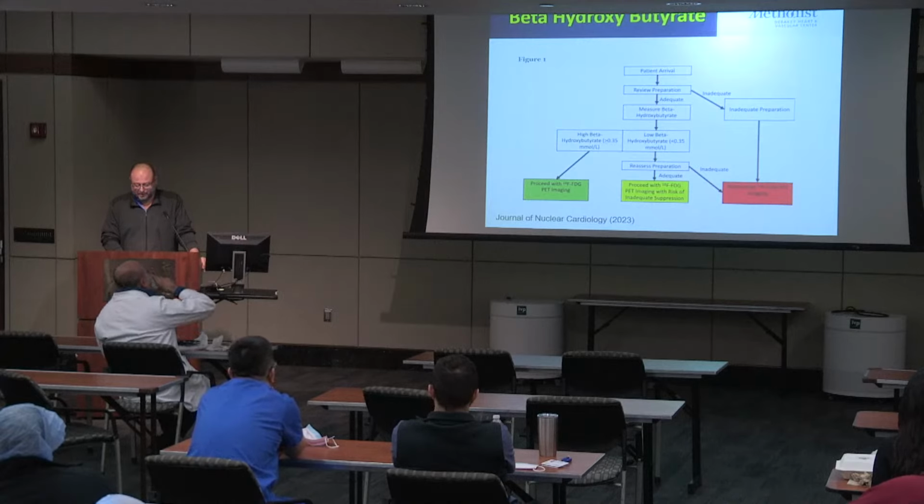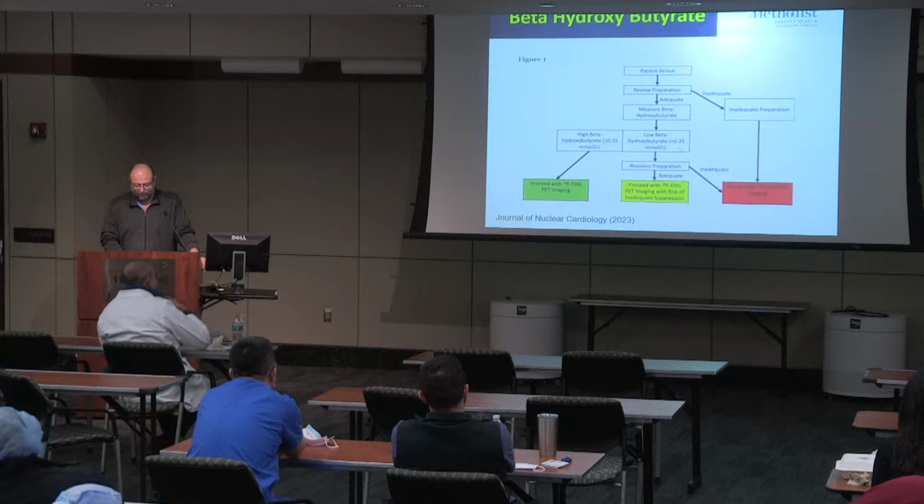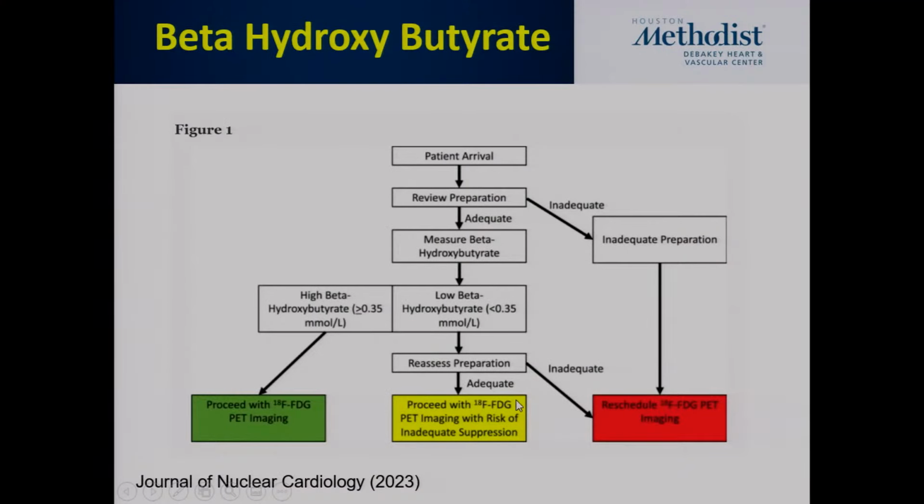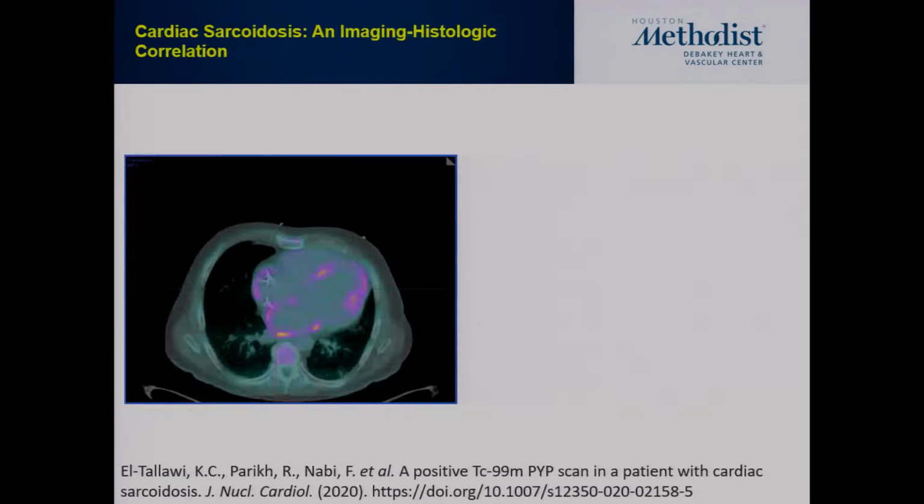What they suggested is that if it is 0.35 or below, you can either proceed, but keep in mind that you may get a false positive and you need some expertise, or just go ahead and reschedule the patient. Now, if you're above 0.35, most likely what you see is accurate. So it's more about standardizing the field.